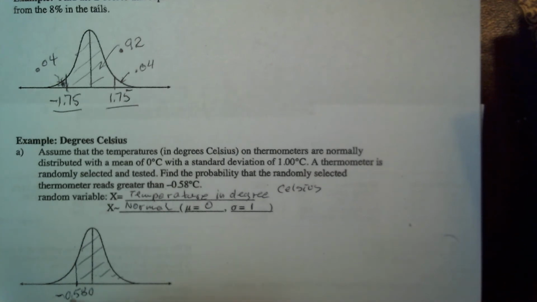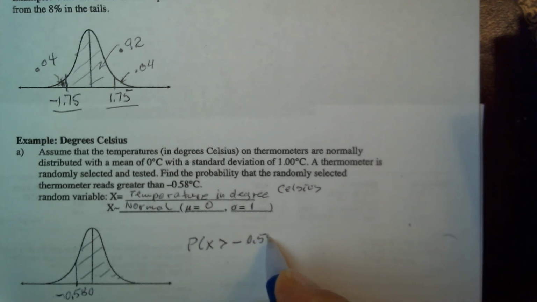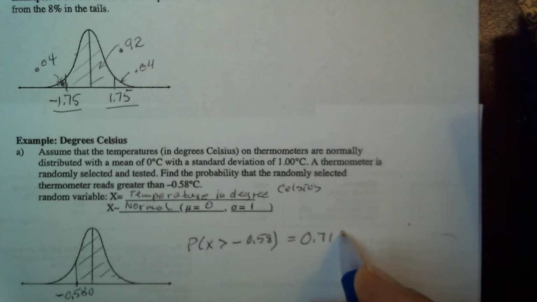In other words, we're looking for this probability here. Again, if we use technology, it's pretty simple. If you use a table, we want to know the probability of x being greater than minus 0.58. When you look that up, that turns out to be 0.719.